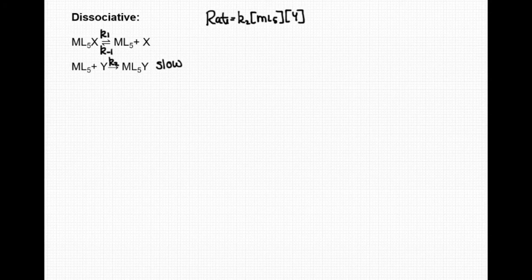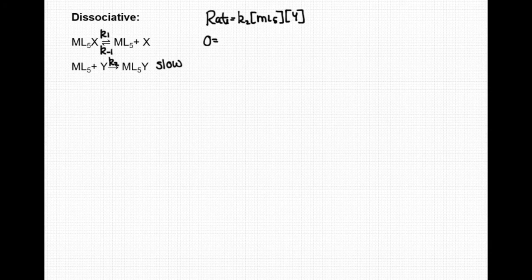Now, ML5 is an intermediate, so we need to do the same steady state approximation to rearrange the rate law so that we can get it in terms of the starting complex, ML5X. And the way that we're going to do that is set equal to 0 the rates of formation and decomposition of ML5.